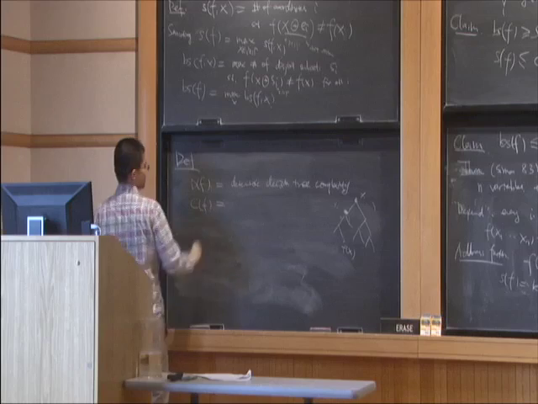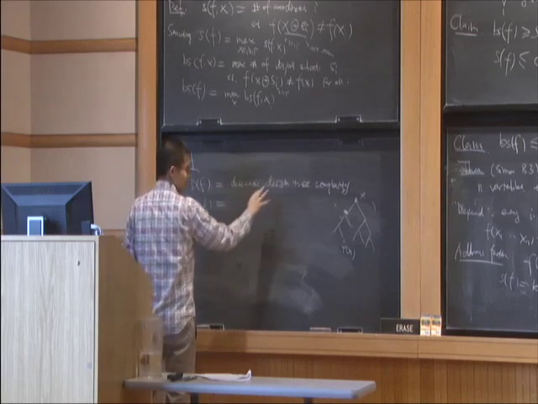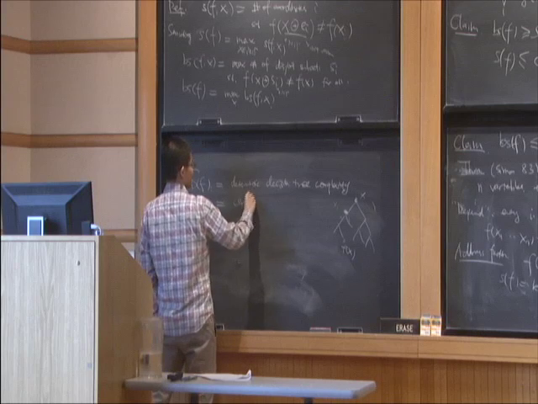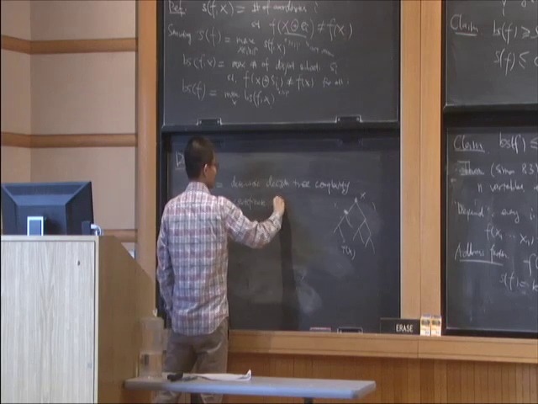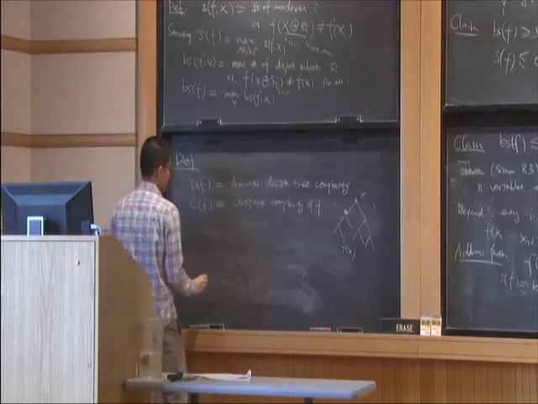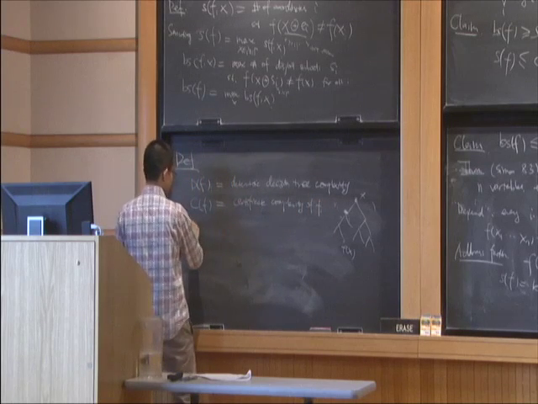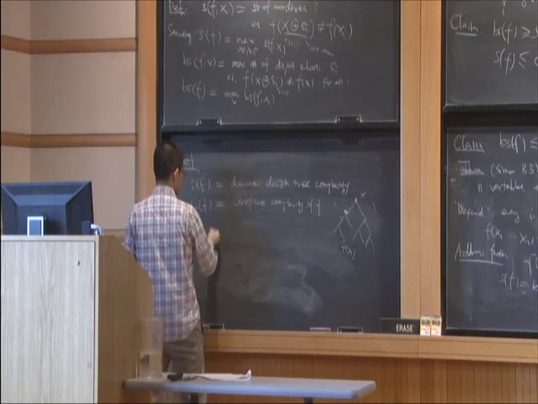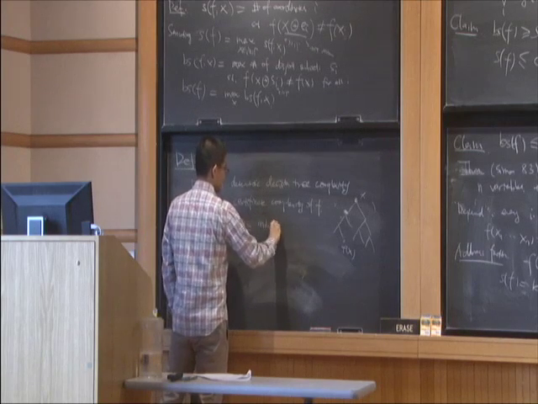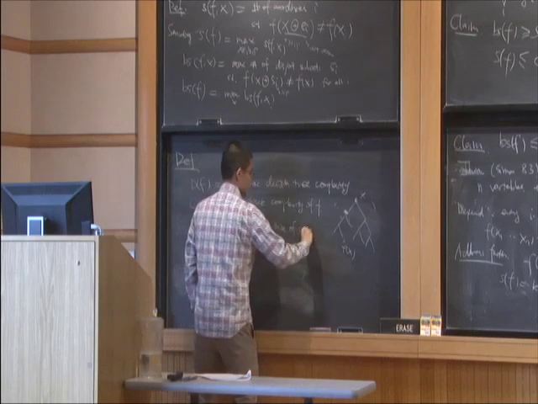And C of f, you can call it non-deterministic complexity, but here I like this name, certificate complexity of f. So it's basically for every vertex. Let me first define C of f of s. It's the minimum size of a certificate.